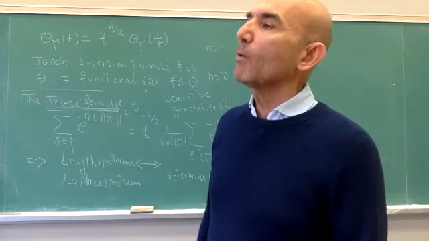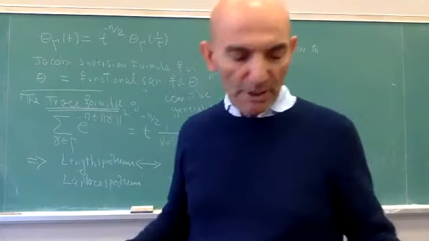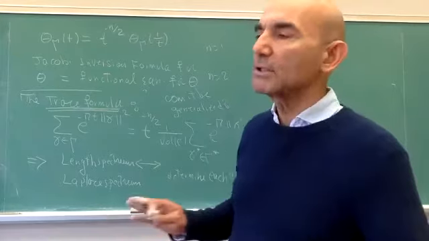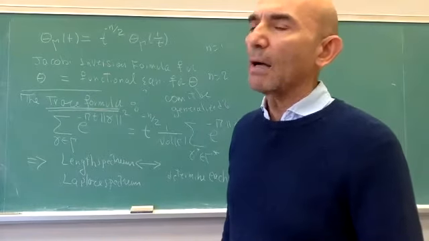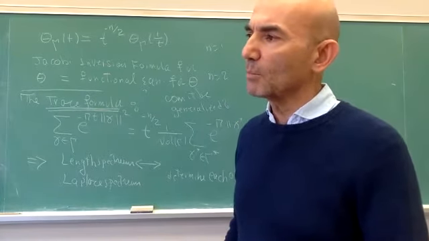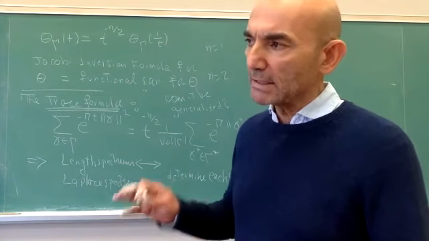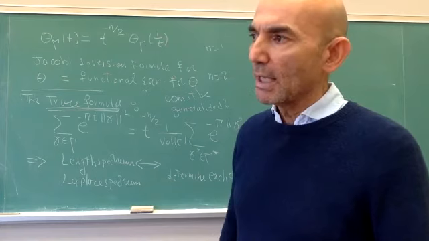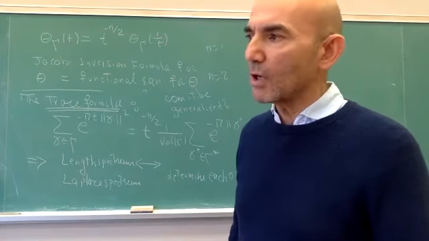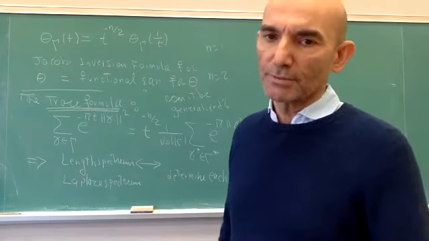Kac knew about Milnor's result. I'm not sure if he cites Milnor or not, but Milnor gave examples of two flat 16-dimensional tori that are isospectral but not isometric.